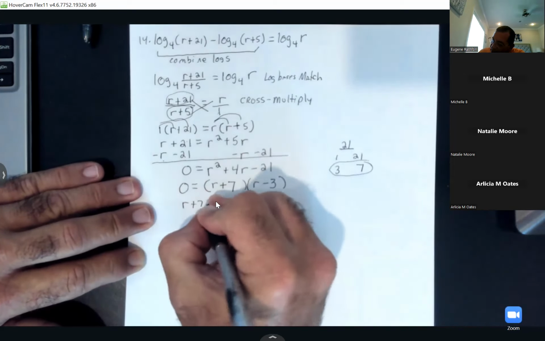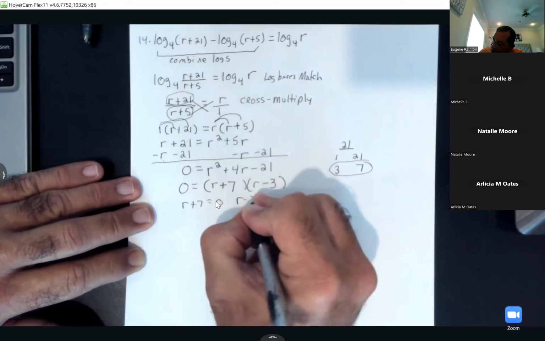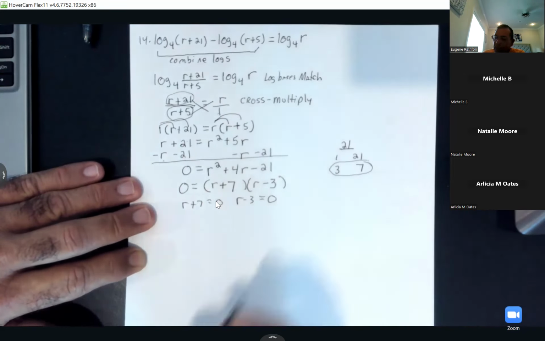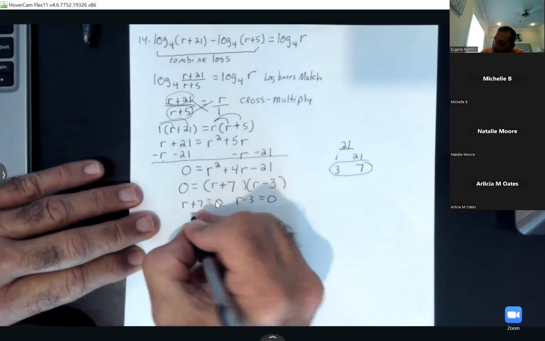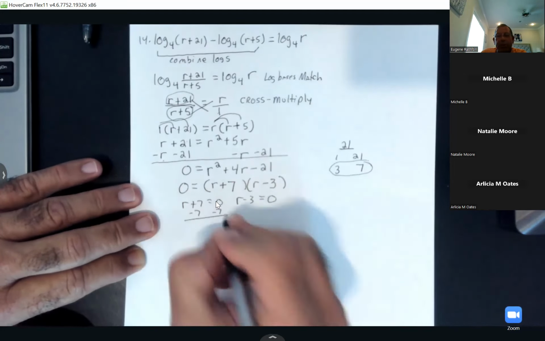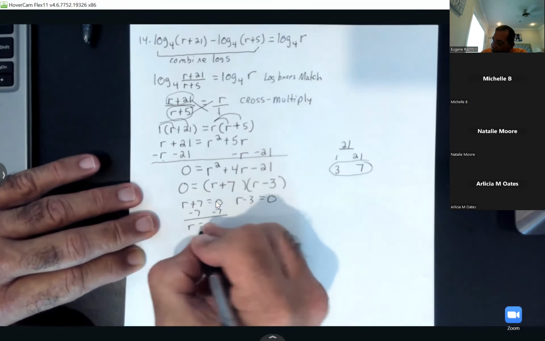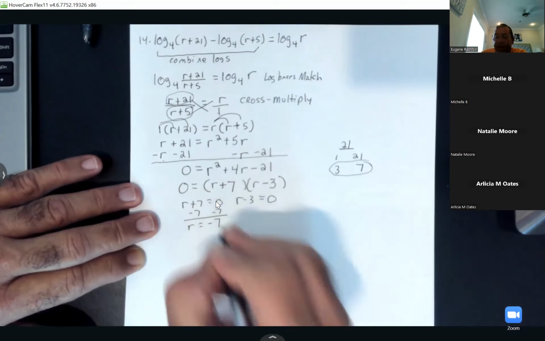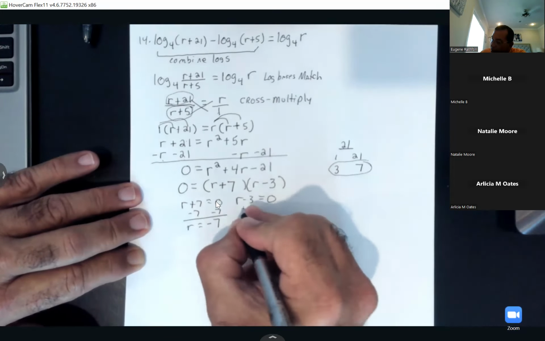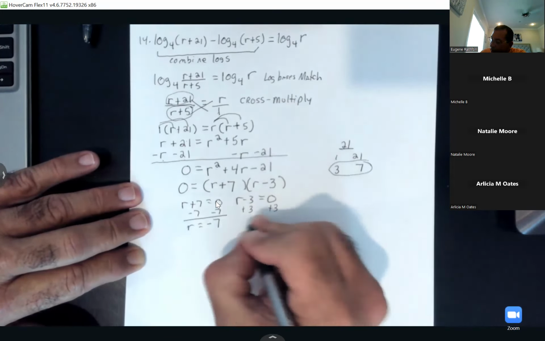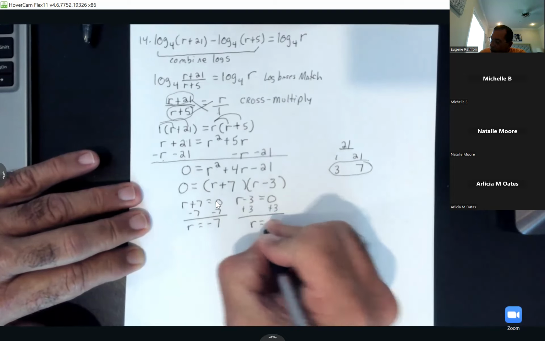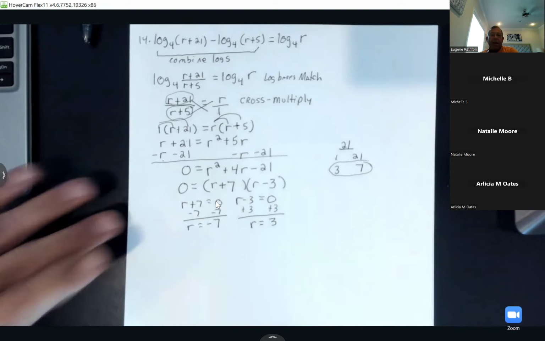So now we're factored, set each factor equal to 0. So y'all, I'm going to subtract 7 on the first one. I get r is a negative 7. I'm going to add 3 to the second equation and get r is a positive 3.